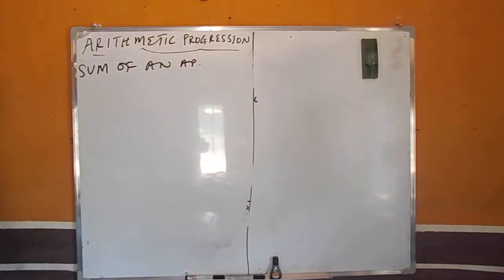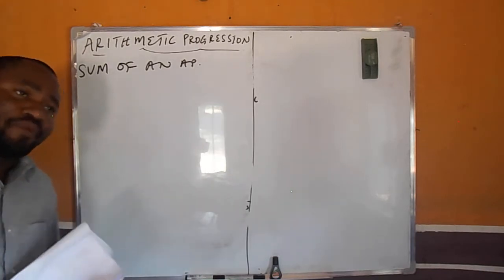In this sum of an AP, what is the formula for finding sum of an AP?